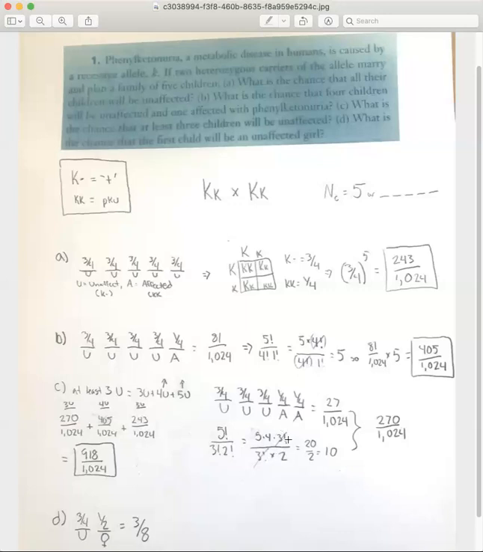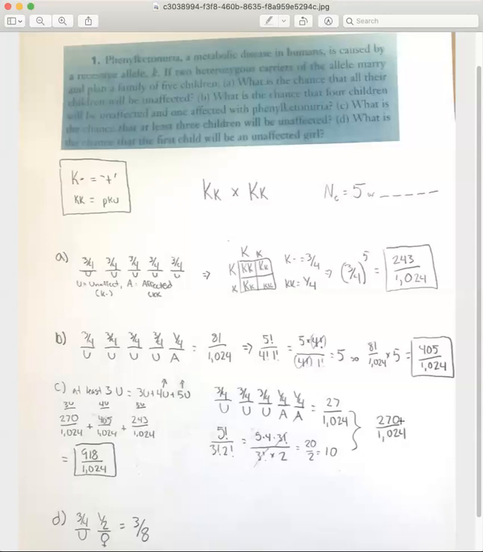You get the 3 factorials to cancel out. That equals 5 times 4 equals 20, divided by 2 equals 10, times 10 by your previous result. That gives you 270 over 1024. So this is the probability that 3 are affected.